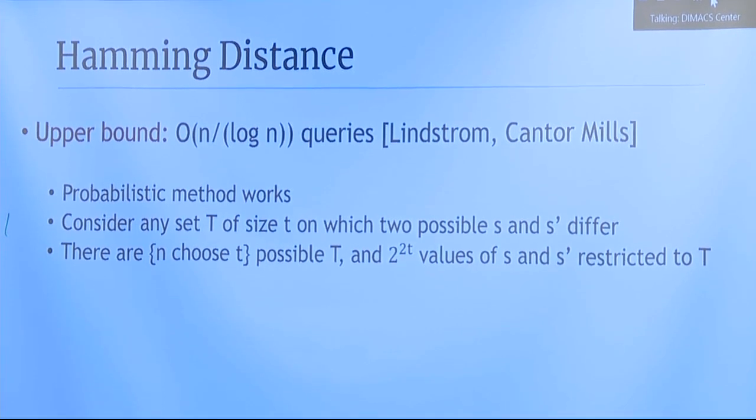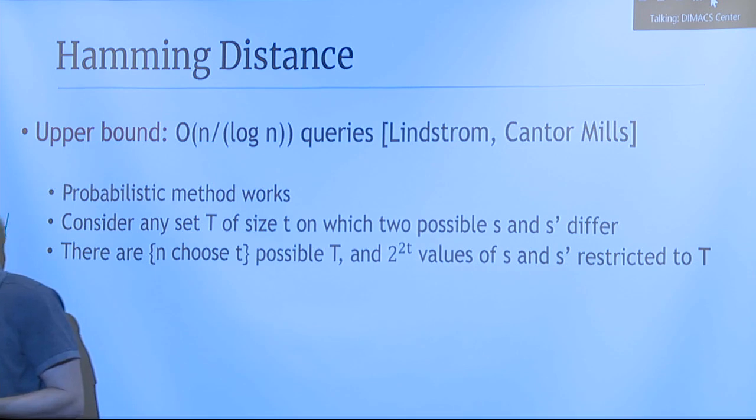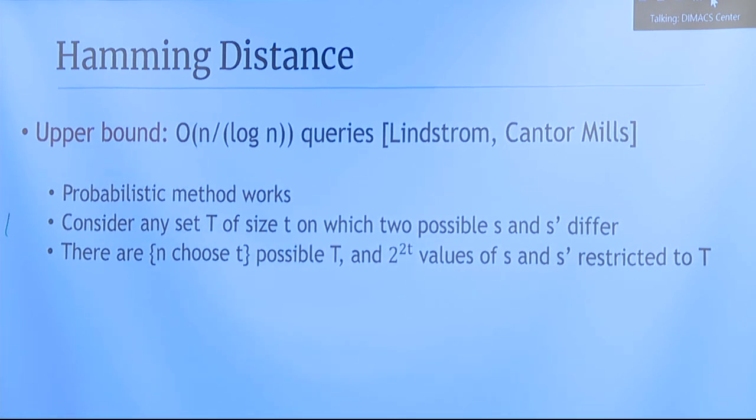Now I want my random query to distinguish whether I have S or S prime. Okay, so I want the Hamming distance I get to distinguish that. And outside of T, S and S prime look the same. Okay, so that doesn't help with any distinguishing.